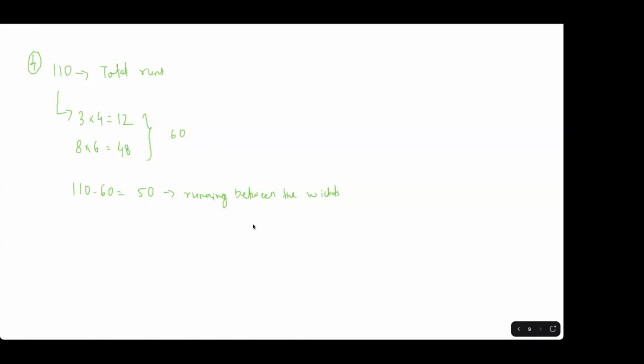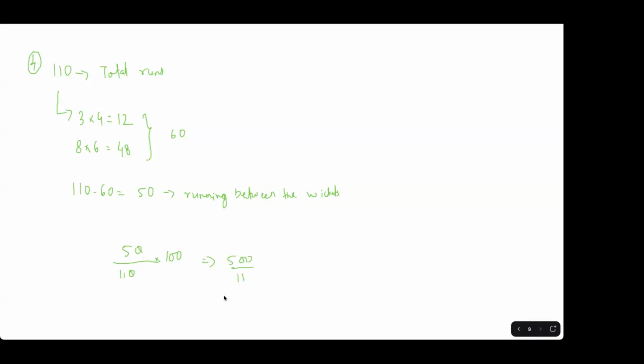Now what did they ask next? What percent of the score did he make by running between the wickets? So now 50 is your score upon the total number of runs, which is 110, into 100. Okay, so 0 and 0 cancel, so this comes out to be 500 upon 11.